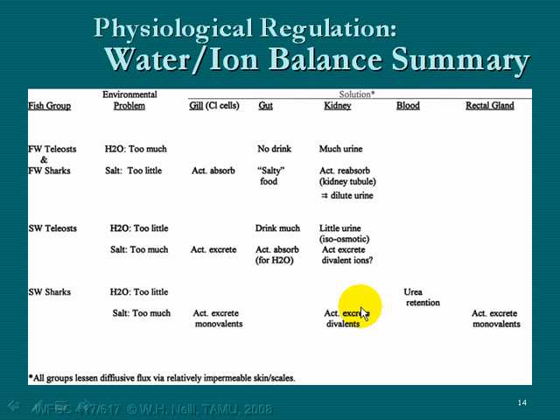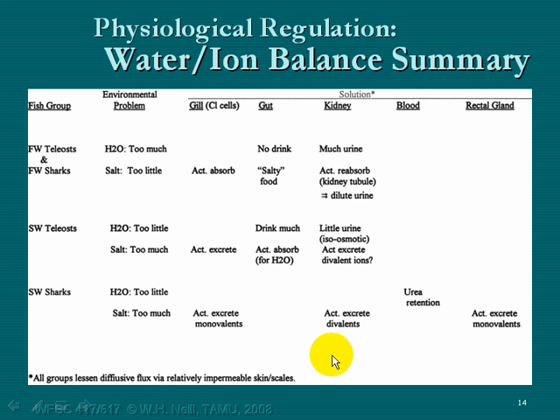So here's a summary that I put together at some point that tries to bring all this together. At least if you had to study something for a final exam, you might want to look at this little chart. I've got fish groups: teleosts, freshwater, and freshwater sharks together, and then saltwater teleosts and saltwater sharks.